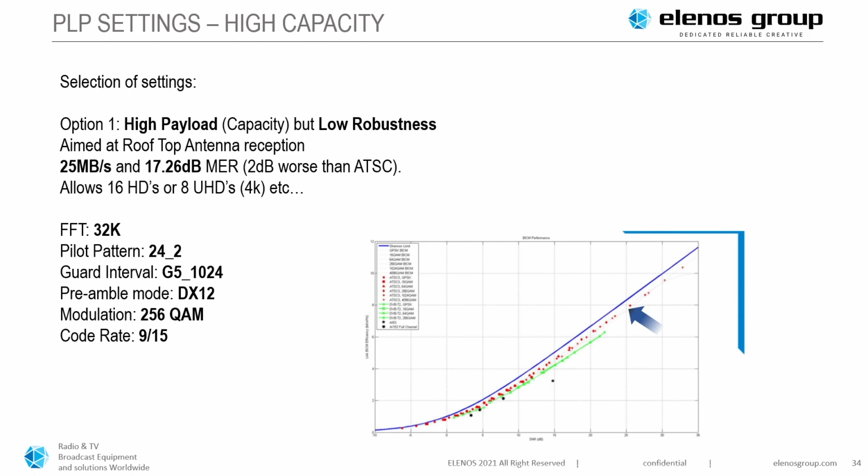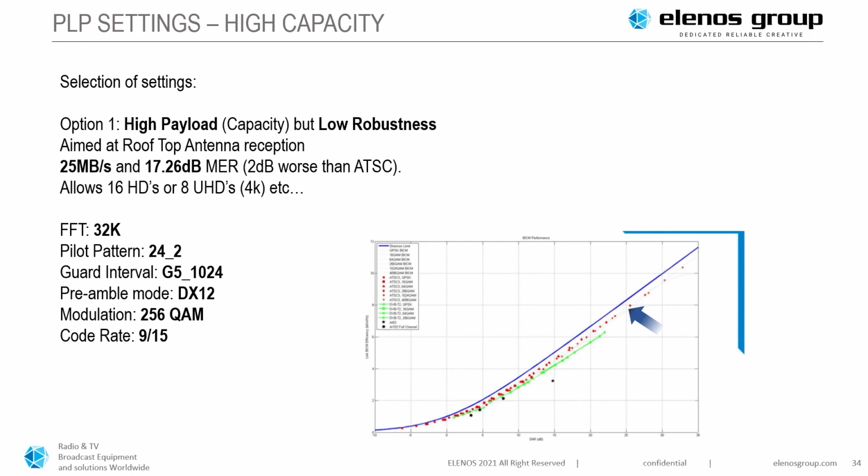So you can start here. This is an example for a very high payload, but low robustness. The FFT would be 32K. That means you've got 32,000 carriers, a pilot pattern of 24/2, and a guard interval. So 24/2 means you're replacing only 2 of the 24 signals, repeating them. So it's a fairly low repetition rate.